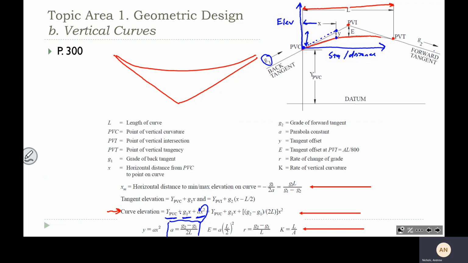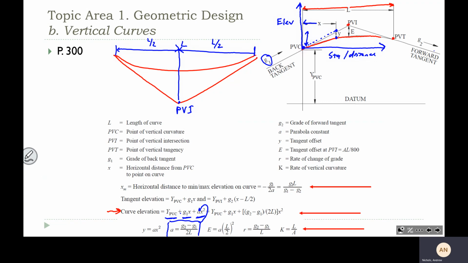There's a couple of other relationships that are important. Let me jump over to this diagram because it's the same whether it's a crest or a sag. I already indicated that this total curve length is L. Another important feature, if we start here at the PVI or the VPI and trace this up, this distance is L over 2 and this distance is L over 2.